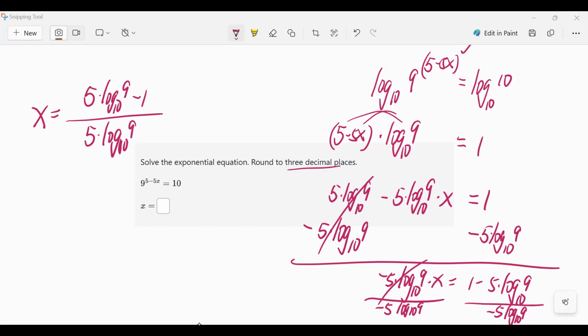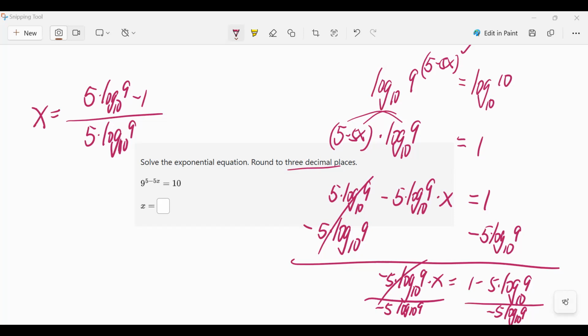So it will be 5, open parentheses first, 5 times log 10 of 9. And here, log by default is log 10. Close parentheses, and minus 1, and close one more parentheses.